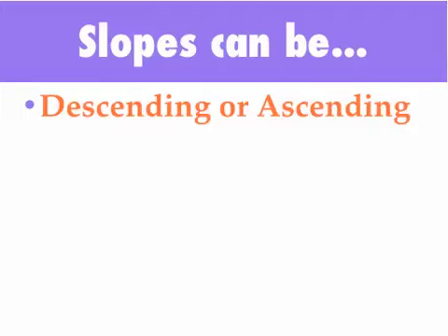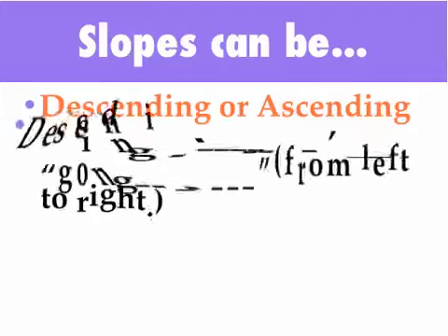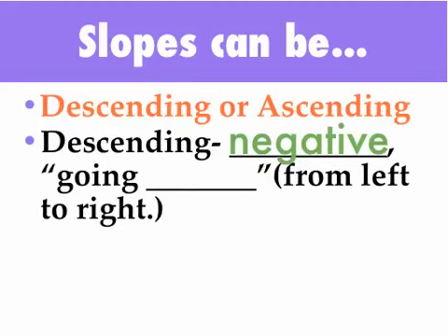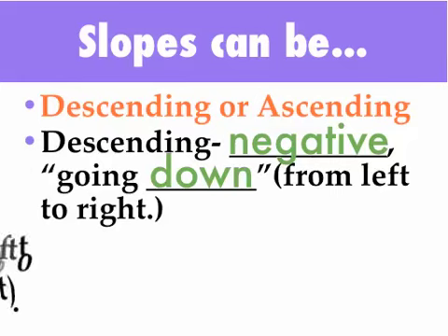When a slope is descending, it is going to be negative, or it would be going down as you look at it from left to right. So you're going to be looking at these like you read a book. So you're going to start at the left and go to the right. Descending means it would be going down as you look from left to right. It's also going to mean that the slope is negative.